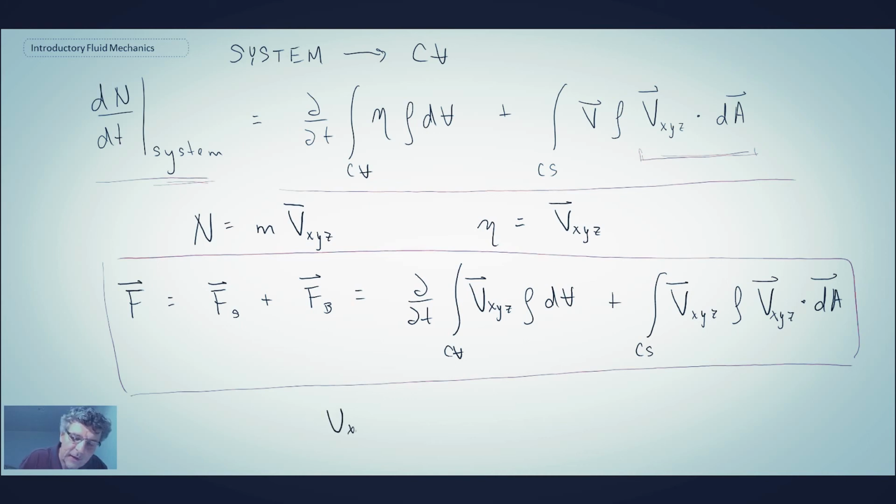But in this equation, V(x, y, z) in vector is the velocity with respect to the control volume. So that is the thing that you have to be careful with, but if you do that, you can then go ahead and solve problems involving a linearly moving, constant velocity control volume.